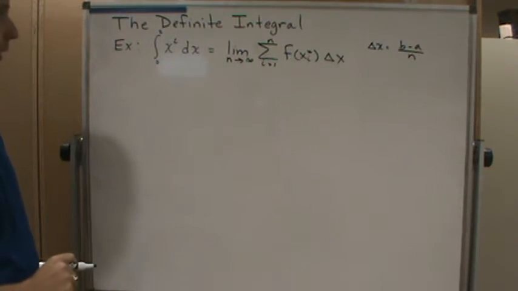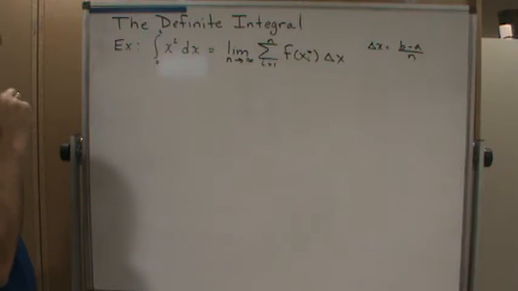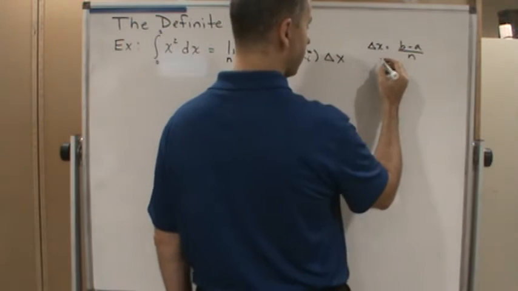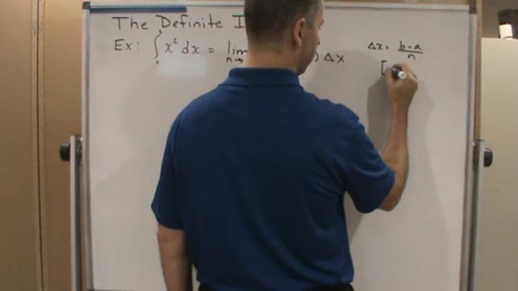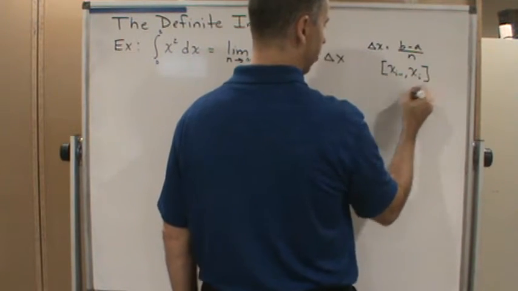Okay, so what we need to do here is let's think through this. Our intervals, remember, are going to be x sub i minus 1 to x sub i, right?